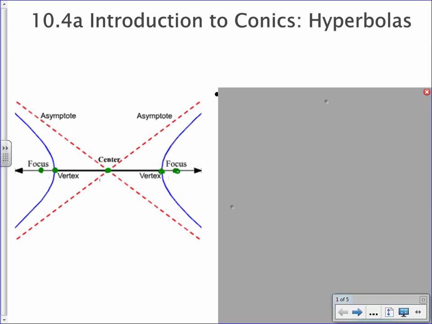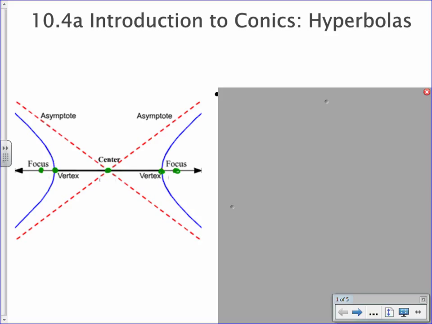So we have two vertices and two foci, much like we do for an ellipse. When we get to the standard form of a hyperbola, you're also going to notice some similarities in the standard form of an ellipse and a hyperbola.